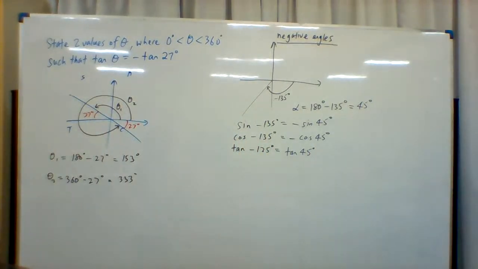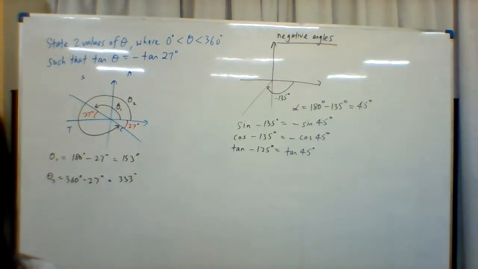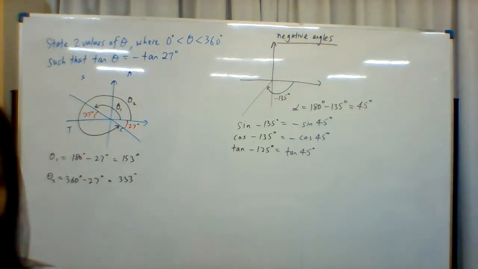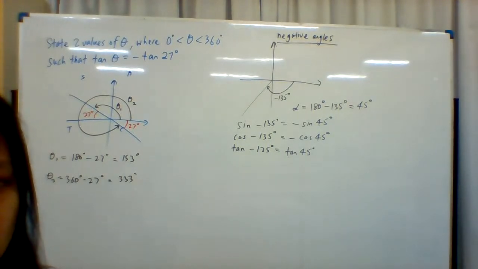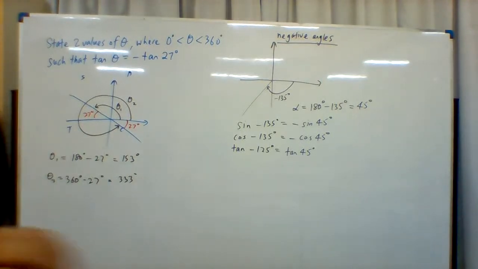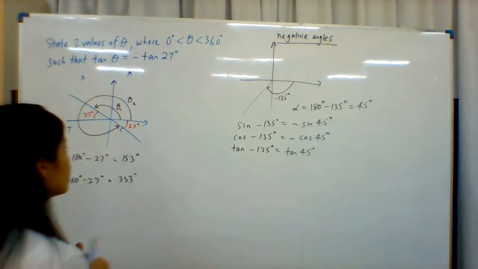Yes, very good. Okay, and remember your basic angle doesn't have positive or negative to it. The positive and negative comes from which quadrant that angle is found in. Okay, so similar to just now, I want you to tell me two values of W.